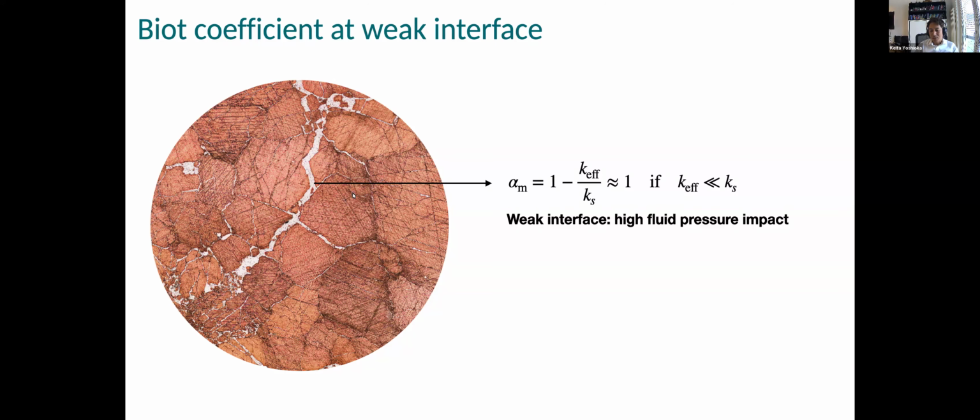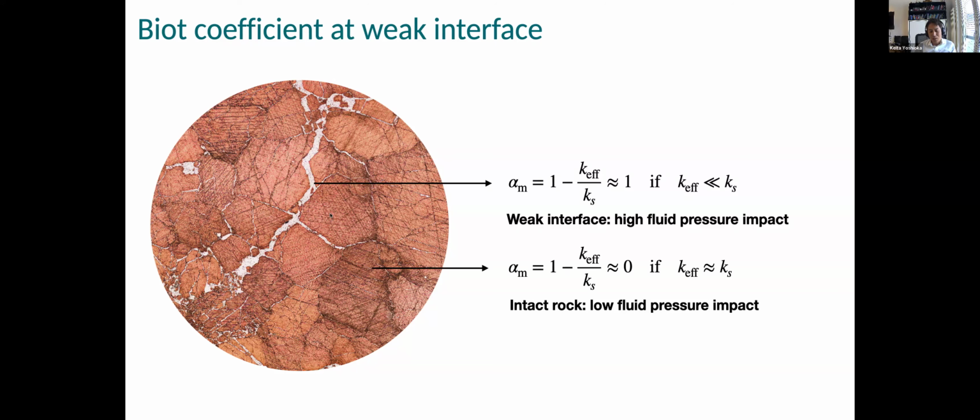So at the weak interface, in this image the gray or white part, the Biot coefficient should be close to 1 because the effective bulk modulus should be very low compared to the solid bulk modulus. So the fluid pressure should have some high impact on the stress.